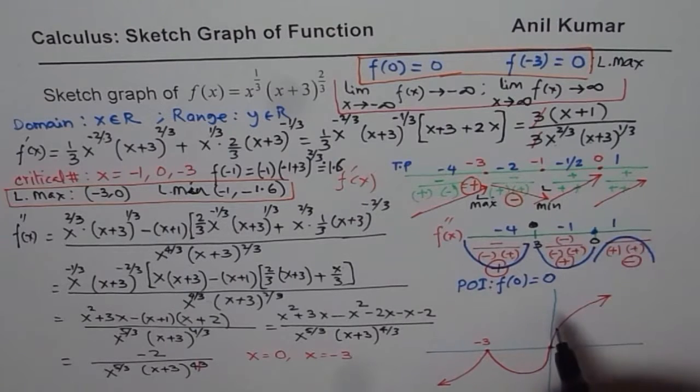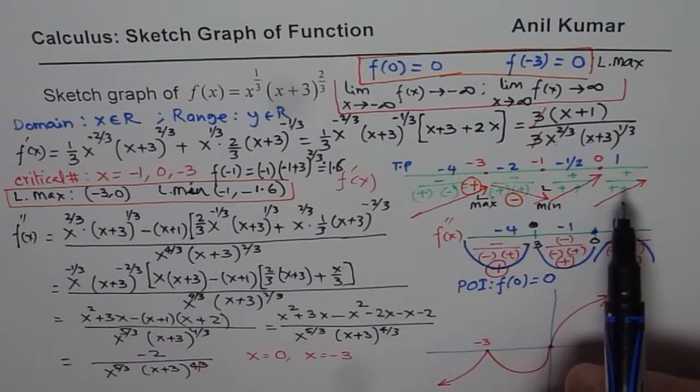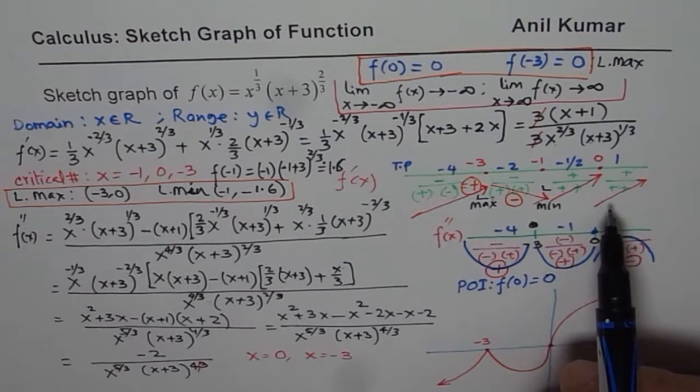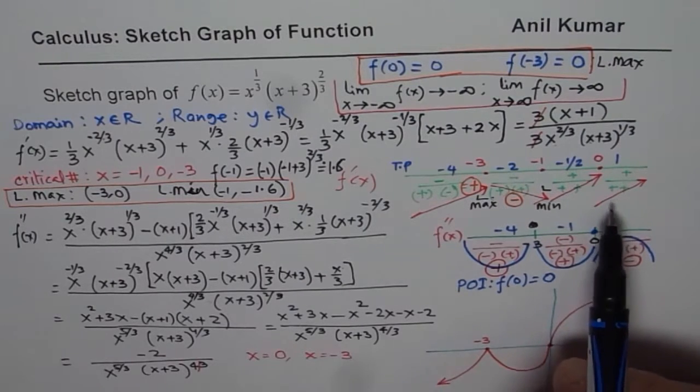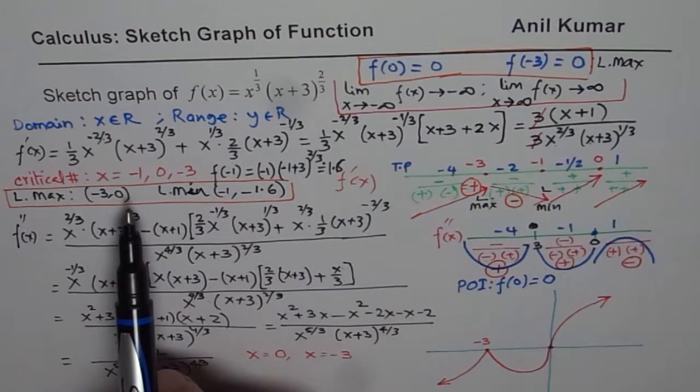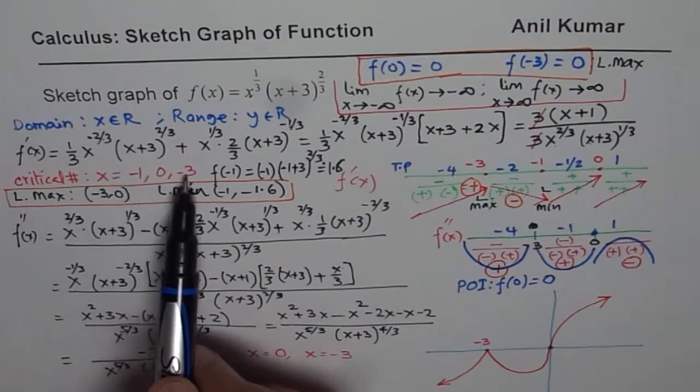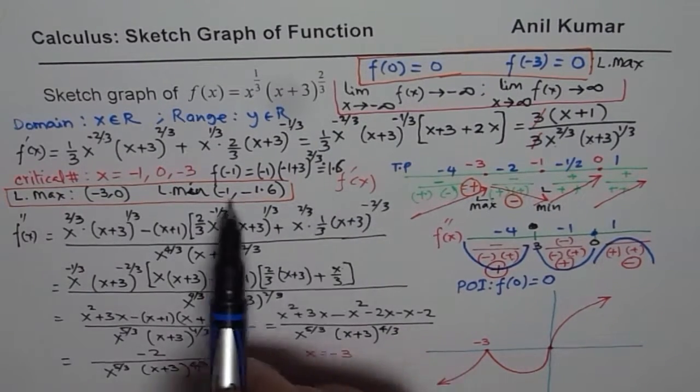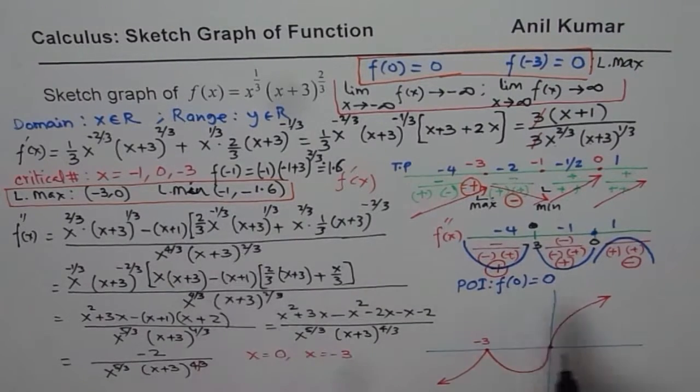Now we know at -1 the value of the function gives us the minimum. The critical points we analyzed: here at -1 we have -1.6.